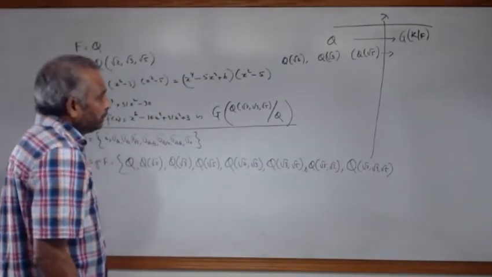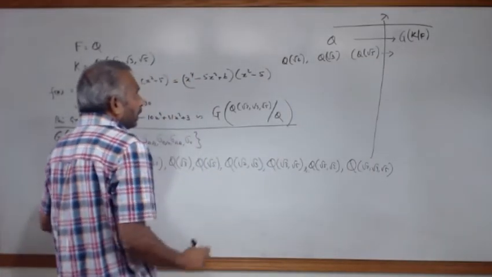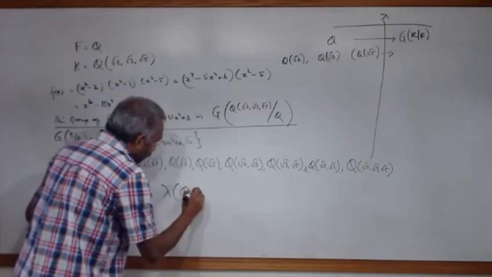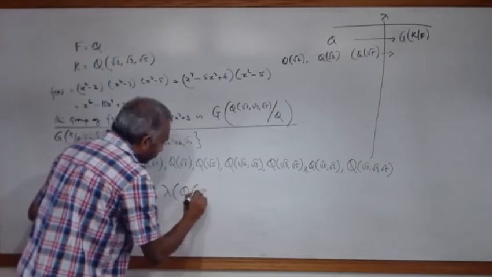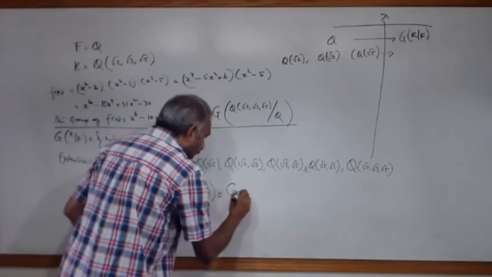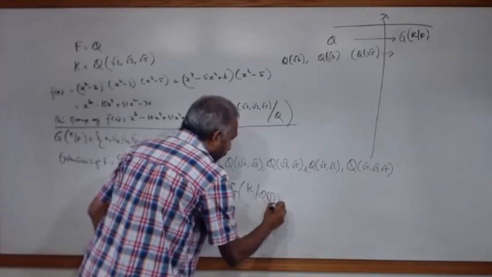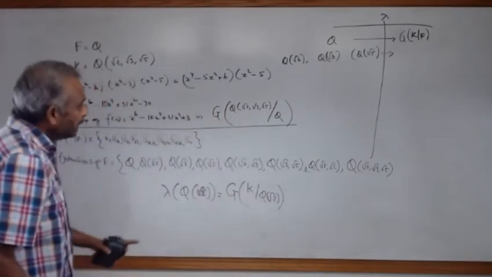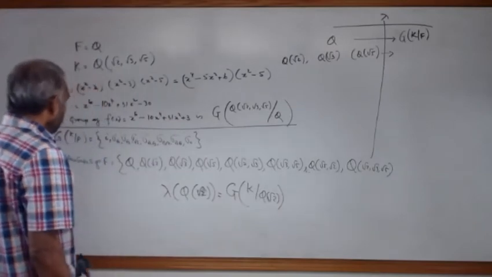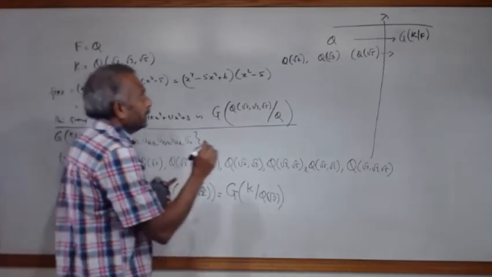So here Q root 2, if you take Q root 2, lambda of Q root 2 is actually G of K over Q root 2, leaving root 2 fixed. So what are the things you have here?